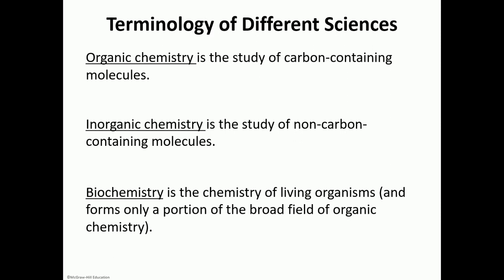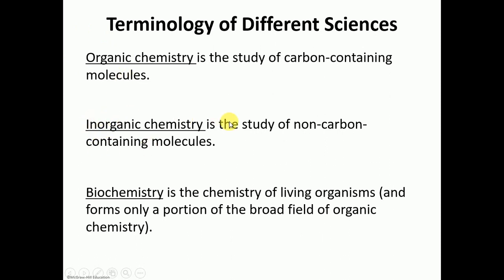Now the terminology of different things. We kind of talked about chemistry and biochemistry and so on. We always hear the term organic versus inorganic. So organic chemistry is the chemistry studying molecules that have tons of carbon in them. For example, we'll see steroids, cholesterol, glucose, those have lots of carbon, and that would be dealing with organic chemistry.